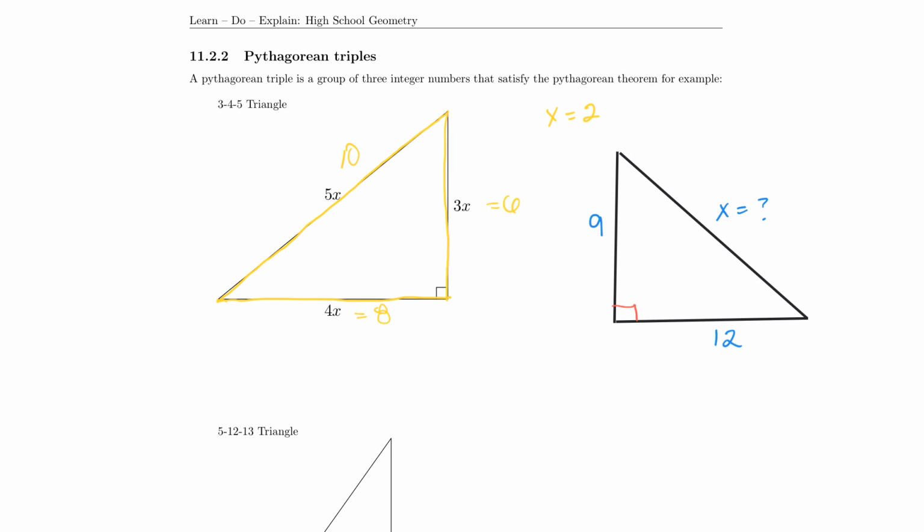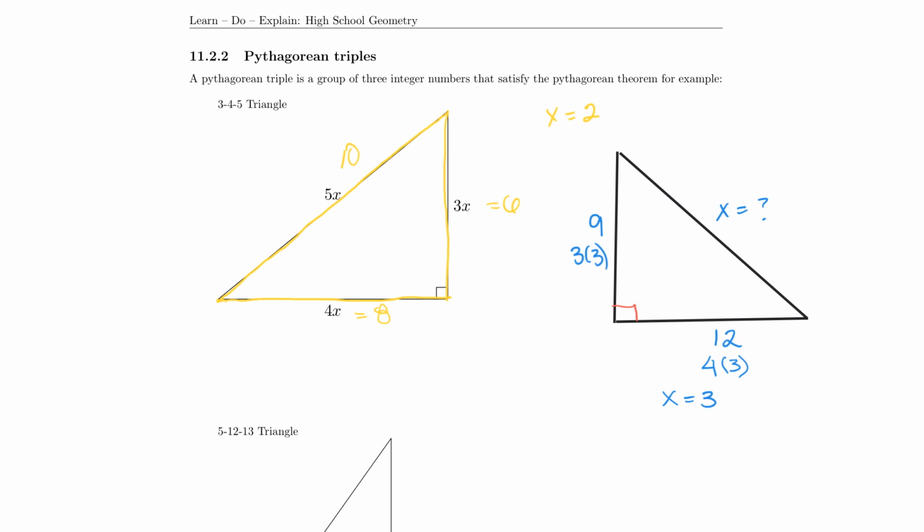Well, if we pay attention to the 3, 4, 5 triangle, we can see that 12 and 9 can be reduced to 3 and 4. How? Because 9 is just 3 times 3, and 12 can be reduced to 4 times 3, right? And if we notice, in this case, x is equal to 3.